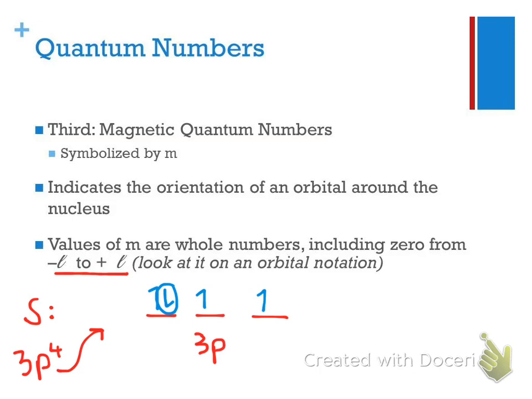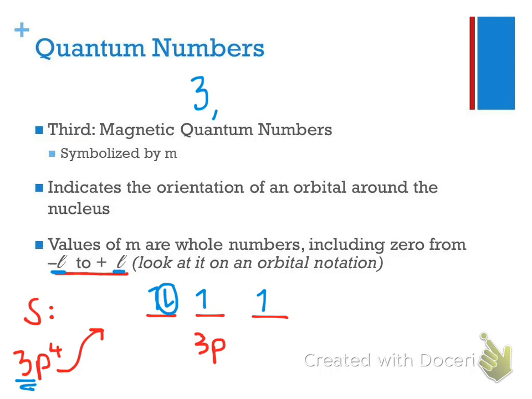So we said that M values range from negative L to positive L. Let's first find out what N and L are and start writing the quantum number for sulfur. What's the energy level, the first part of our quantum number? 3, because our energy level is 3.